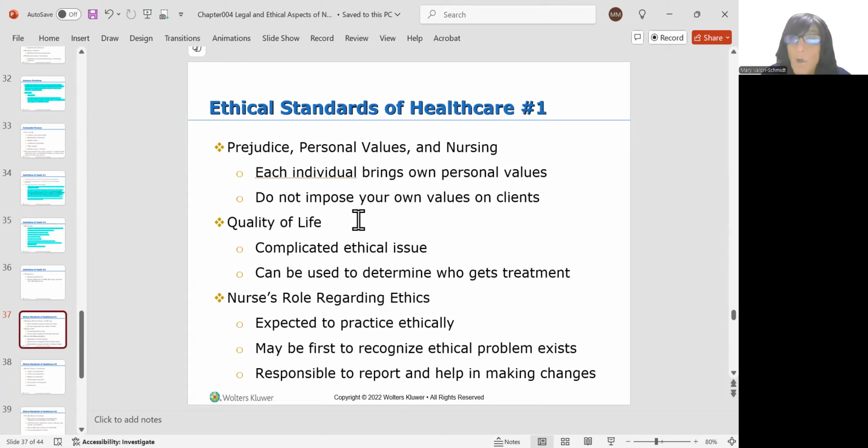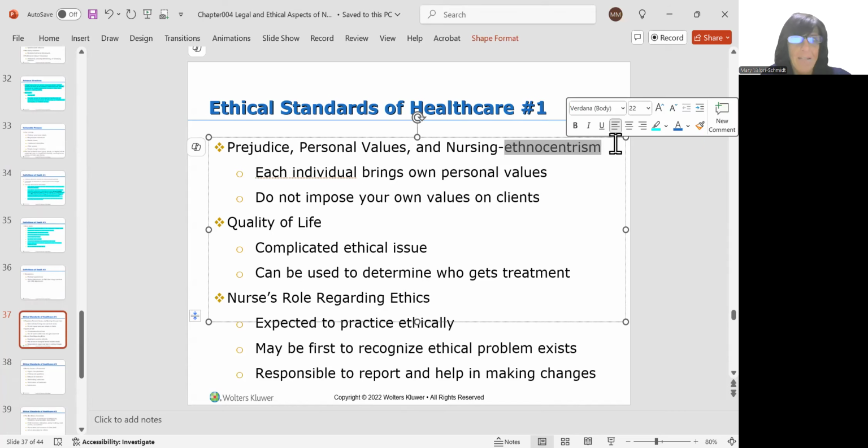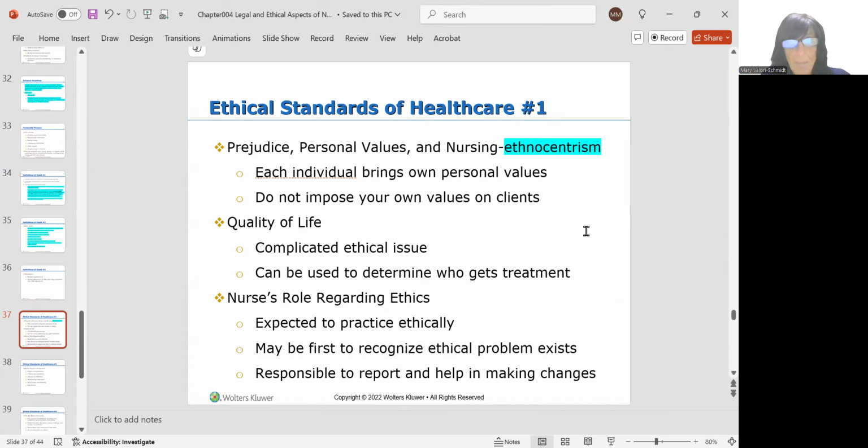There is a term called ethnocentrism, which means that I think my ethnicity is better than everybody else's. That's not good. We need to be open-minded and practice cultural awareness so that we try to understand other people's cultural habits, characteristics, etc.